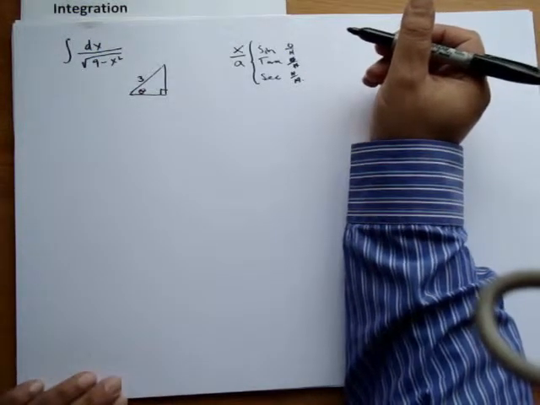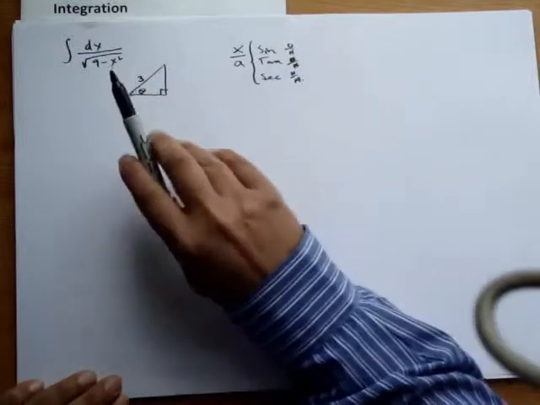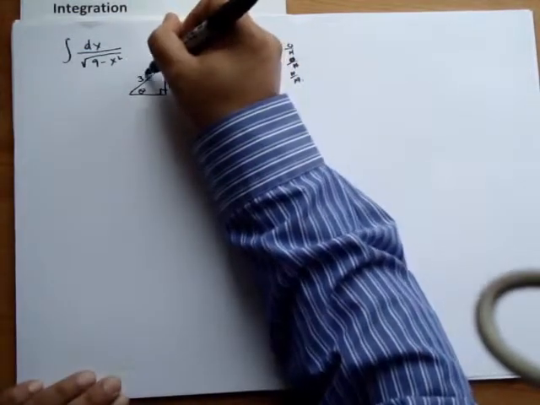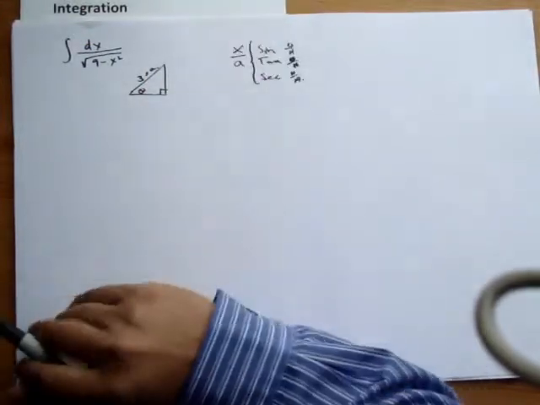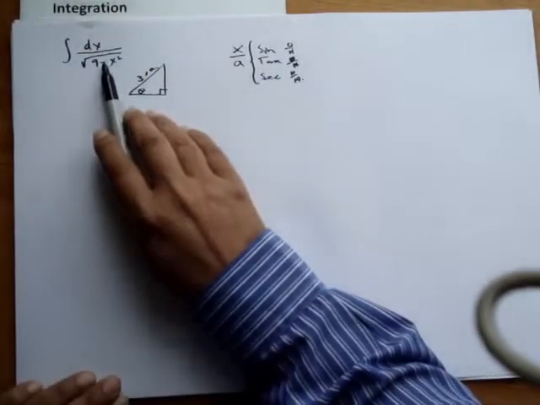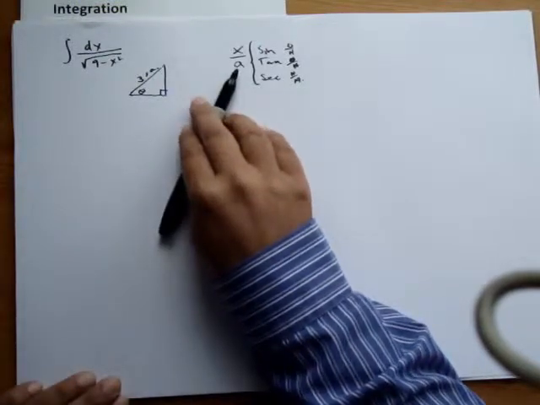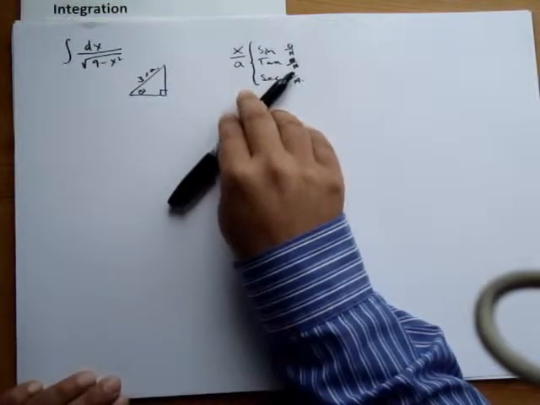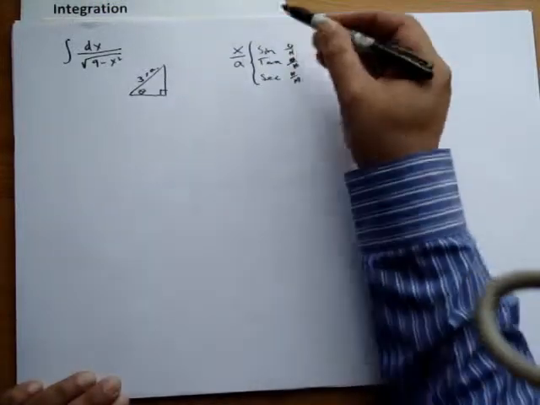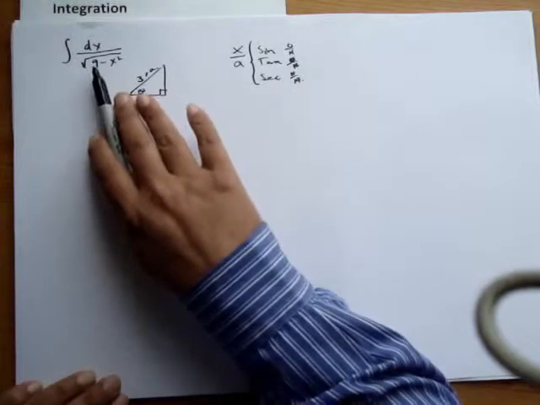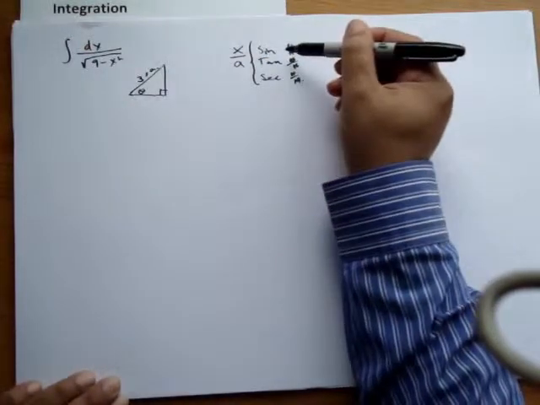Right, now that we've done that, 3 is a, because it's a squared minus x squared. So a on the bottom as the hypotenuse. It can be either sine or tangent. It's not tangent because tangent is always a squared plus x squared.